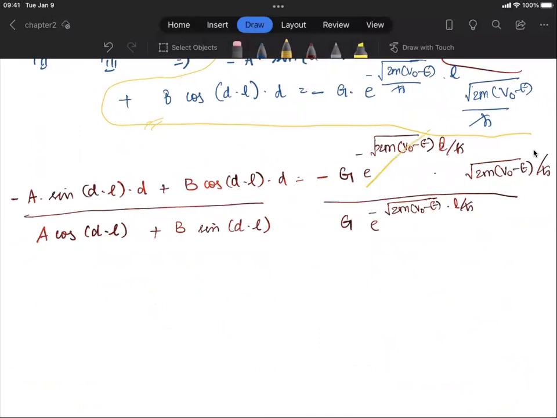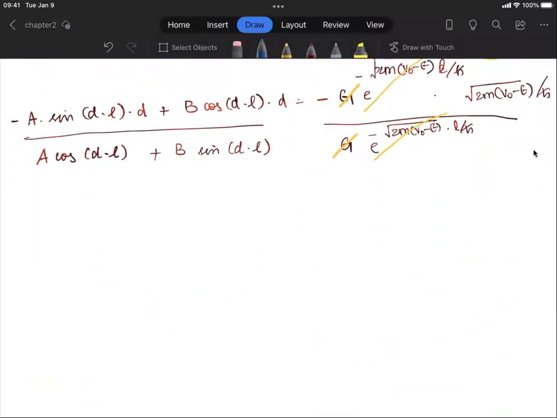We can cancel out this term, the huge exponential term, which is such a pain, and the G. And once we do that, now we're going to write B in terms of A. This is B, so I'm going to plug that into this equation.